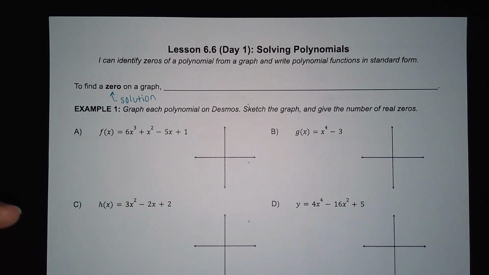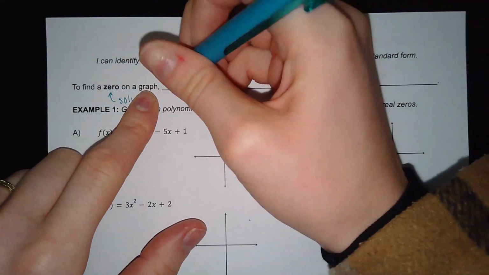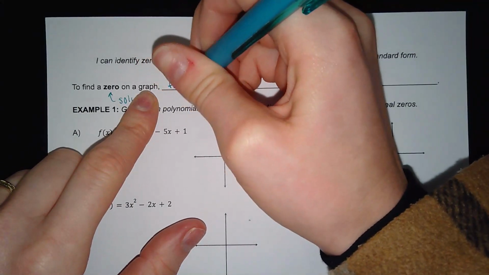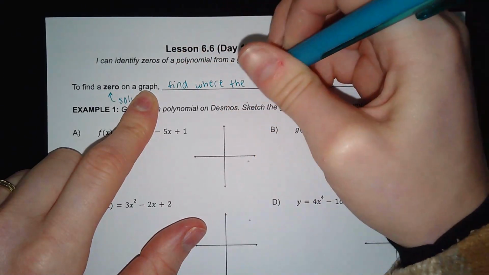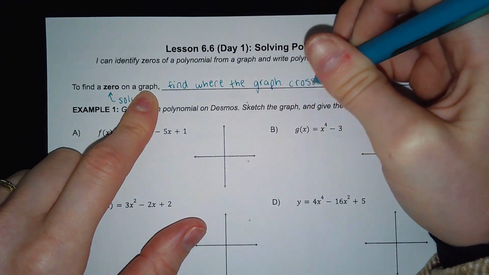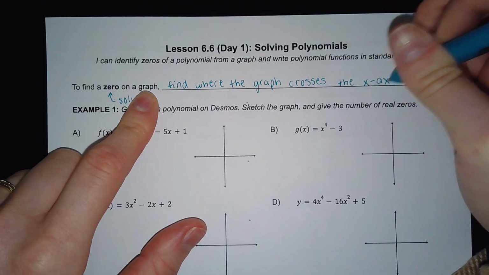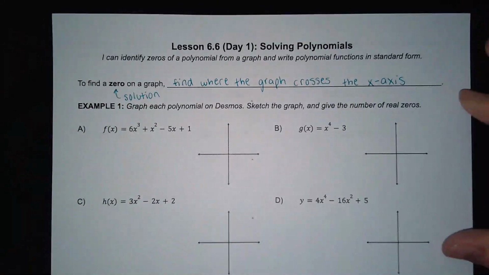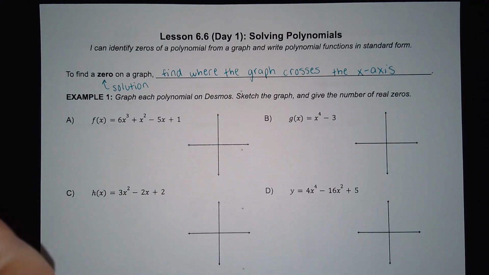Now, when we do that on a graph specifically, we are going to find where the graph crosses the x-axis. So anytime we want to find a zero, we're just going to look for where that graph crosses the x-axis.